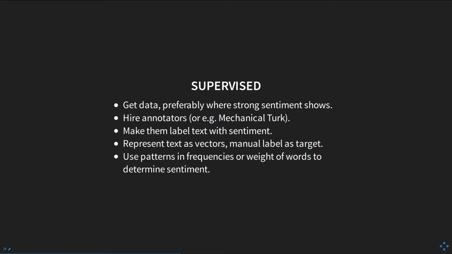Now, once they've provided us with these labels for sentiment, we can represent the text that we provided as vectors, and give these annotations as a target. So this would just be looking at the documents, providing negative, positive, or neutral, and these labels we then just treat as a target. And hopefully, if we train a classifier correctly, we are left with patterns within these word frequencies that we've represented that help us to determine sentiment for a specific text document.